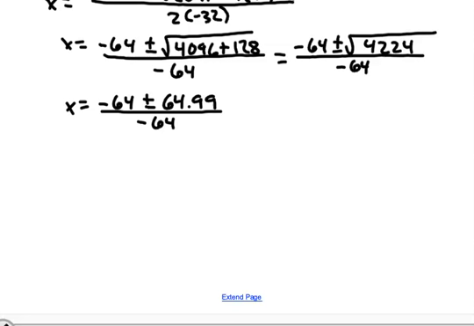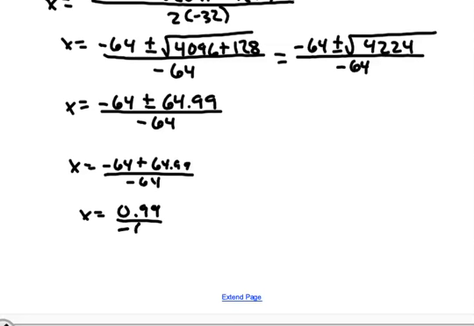So what's going to happen here is, again, if I use the plus sign, negative 64 plus 64.99 over negative 64, what I get there is positive 0.99 over negative 64.